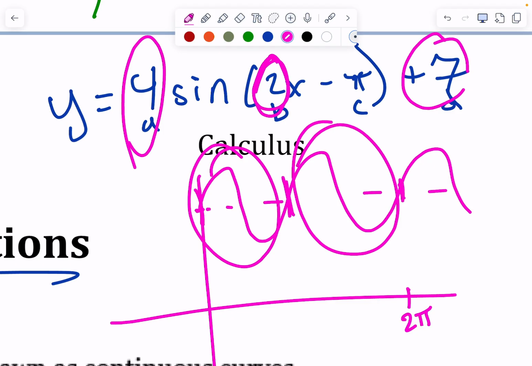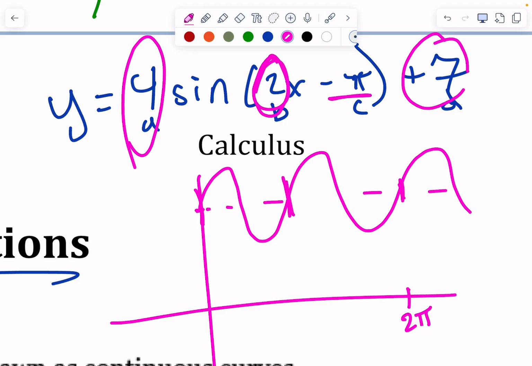And then the pi over 2 shifts him to the right. The 2 affects the frequency, the period is what they call it. And the last one changes him left and right.